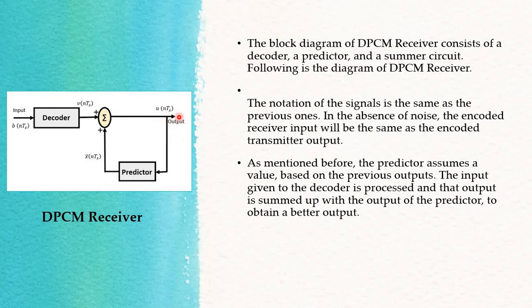The notation of the signal is the same as the previous one. In the absence of noise, the receiver input will be the same as the transmitted output. The predictor assumes a value based on the previous input. The input is given to the decoder, processed, and then the output is summed up with the output of the predictor to obtain the better output.